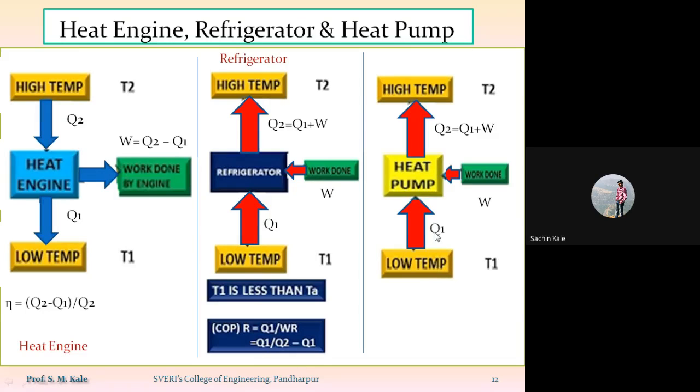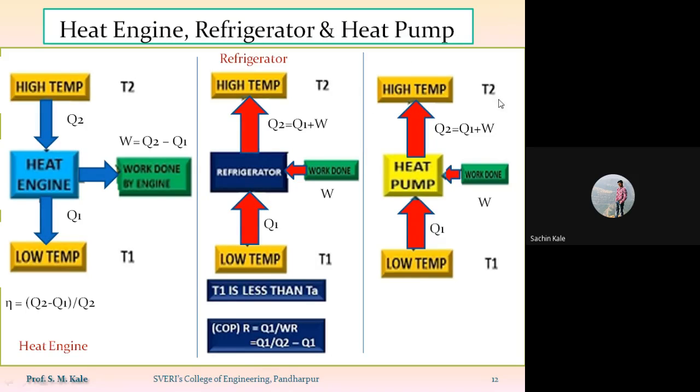So it will absorb heat from the atmosphere, and whatever heat the heat pump absorbs from the atmosphere will be transferred to the room whose temperature we want to maintain greater than the atmospheric or surrounding temperature.